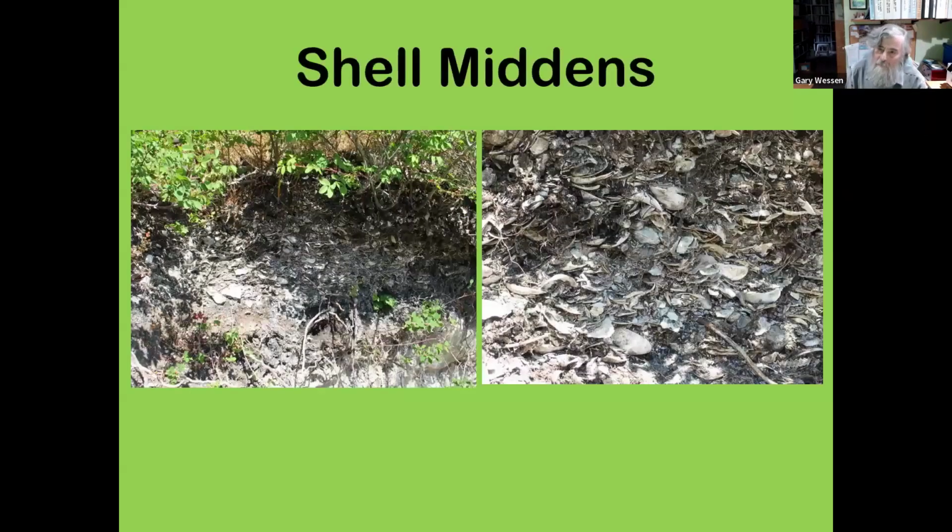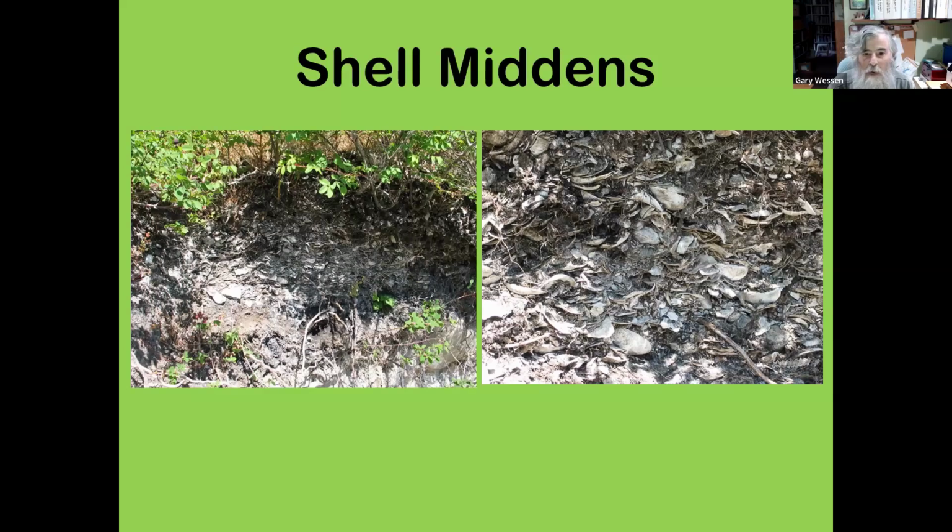So we have shell middens. And this is a term that Western Washington archaeologists are very familiar with. And it's a term that lacks a precise definition. Midden means it's an anthropogenic deposit, and a shell midden is an anthropogenic deposit that has lots of shell in it.